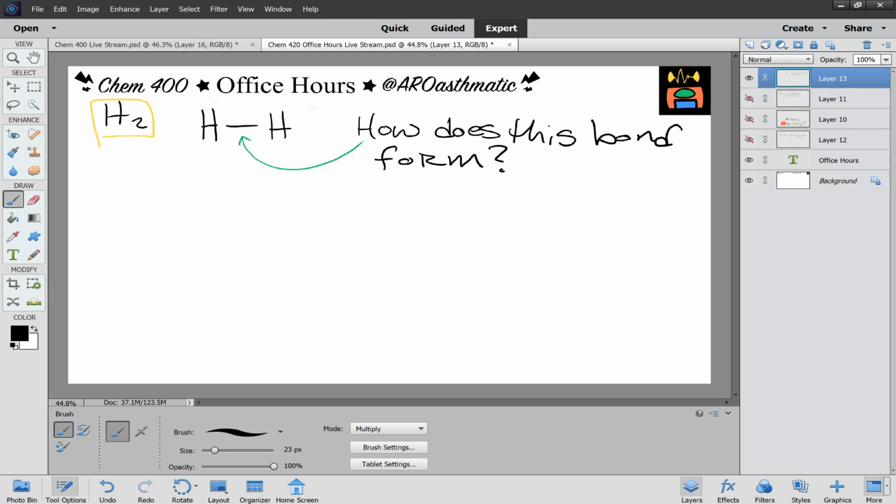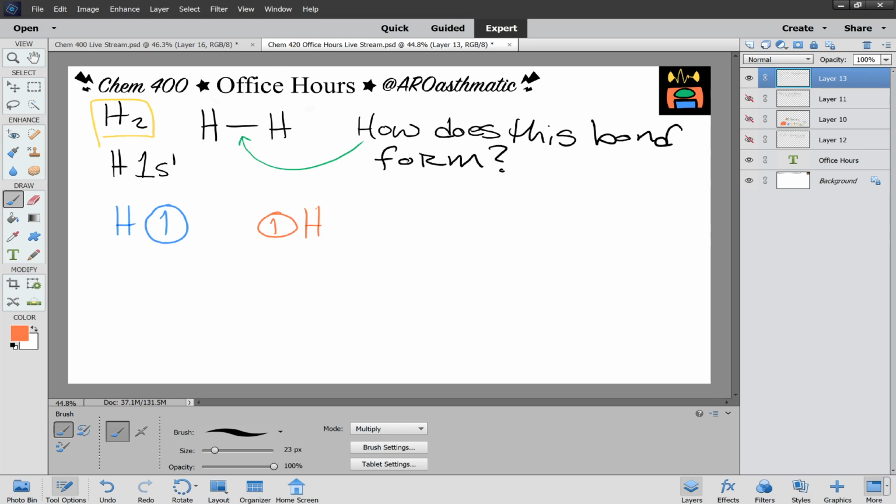So we're going to have one hydrogen which I'm going to color blue. Now we know the electron configuration for hydrogen is 1s1, and that means that there is one electron sitting in a 1s orbital. That's our first hydrogen. Now our second hydrogen also has one electron in its 1s orbital, right?